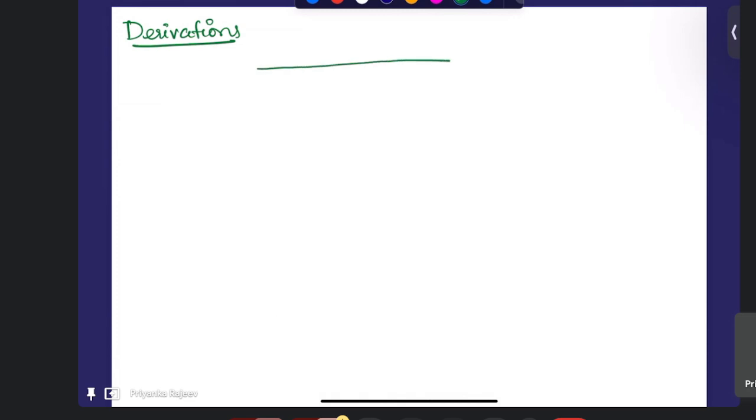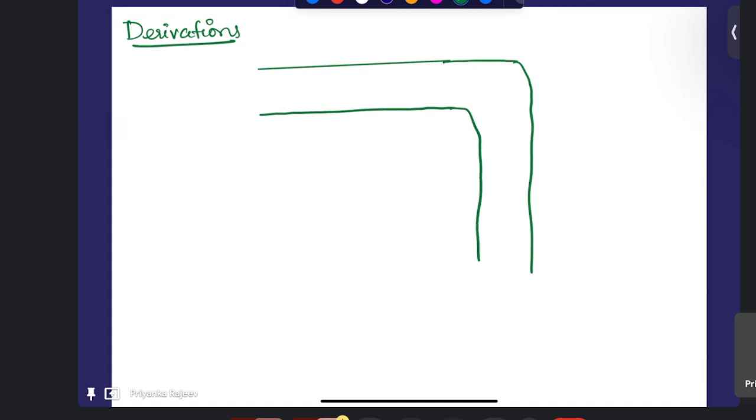First we have to discuss something like a duct or a pipe where flow is happening across the cross cut of this pipe.